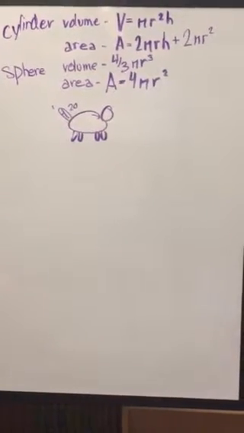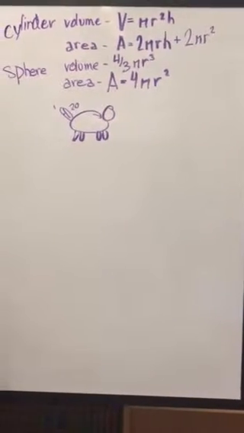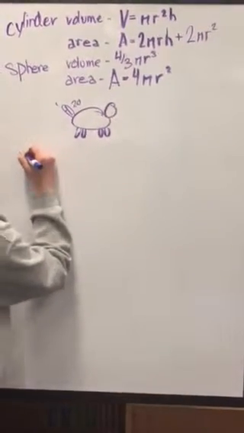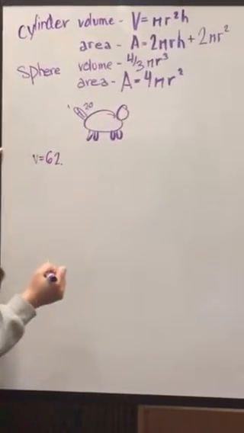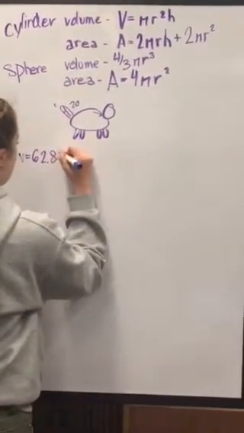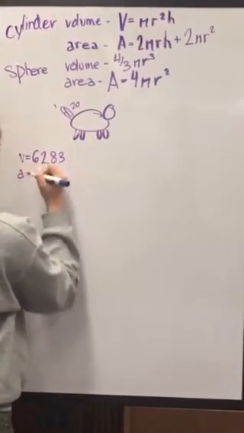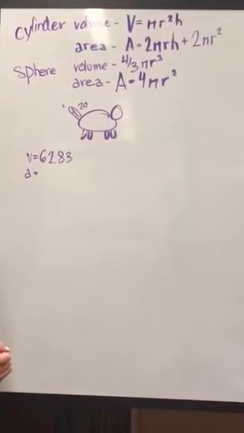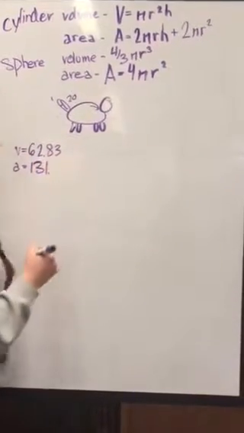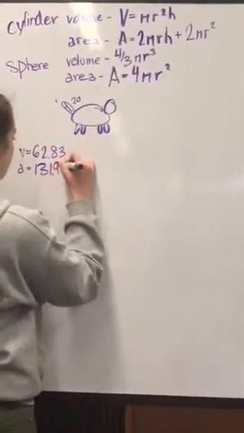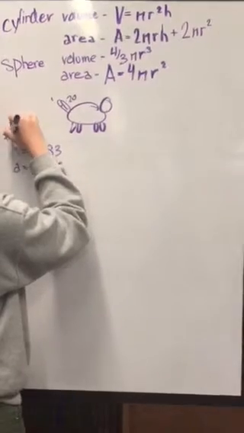And in that equation, we will get 62.83 for the volume, and for the area, we will get 131.95. So this right here is our tail.